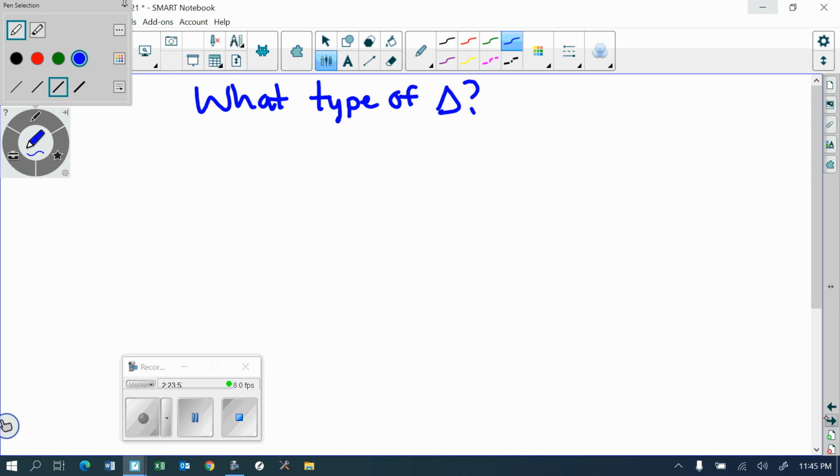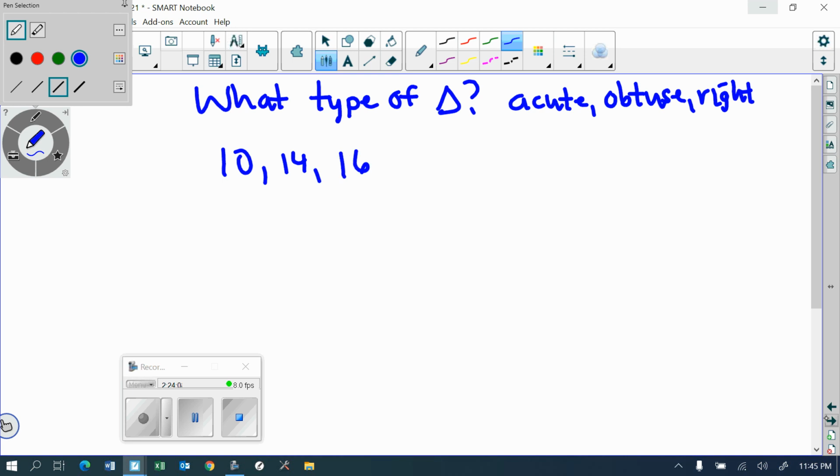Your answer is either acute, obtuse, or right. If I'm just given the side lengths, say 10, 14, 16, the longest side is always C. It doesn't matter which one I call the other two, so I'll just go A and B. But the longest is C.